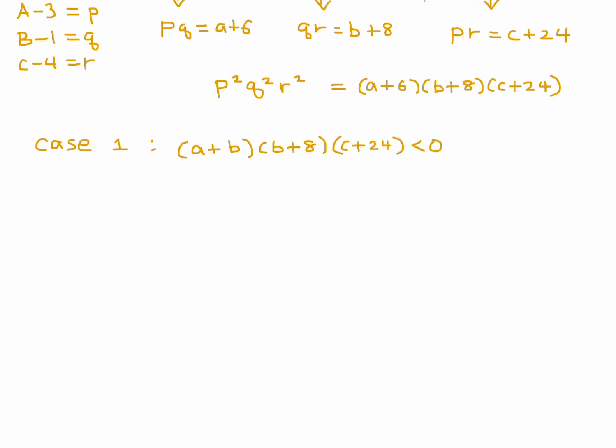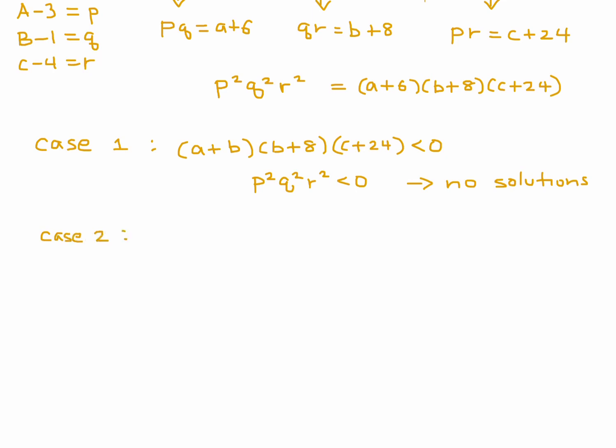If it's less than 0, that means p squared, q squared, r squared is less than 0. Well, that's impossible because this is a perfect square. It's either equal to 0 or it's positive. There's no way it can be less than 0. So if we let this be less than 0, it would give you no solutions for p, q, and r. Okay, so case 1 we eliminated pretty quickly.